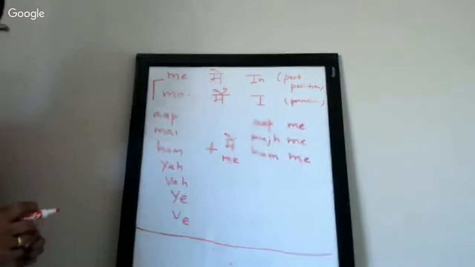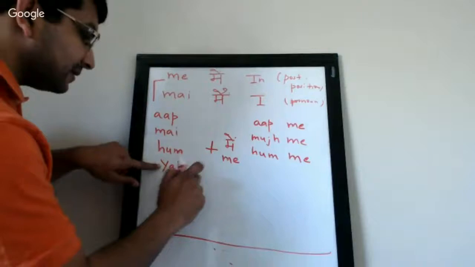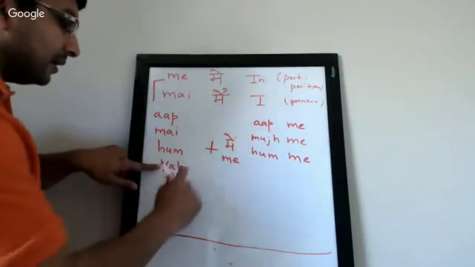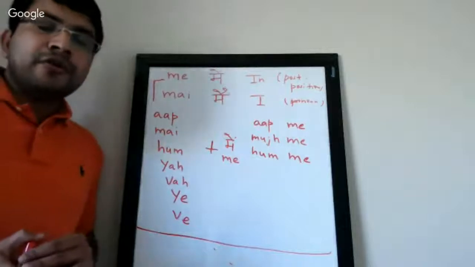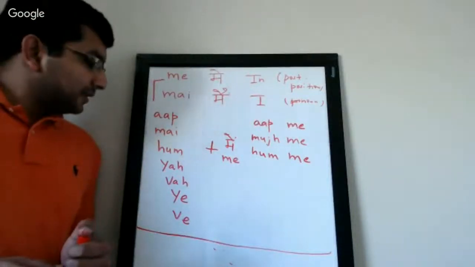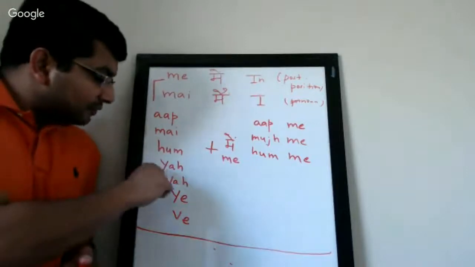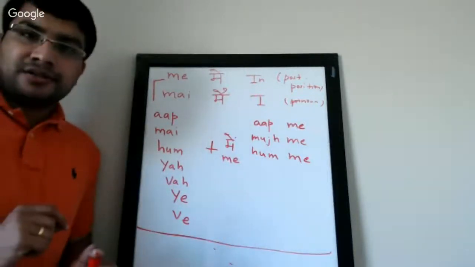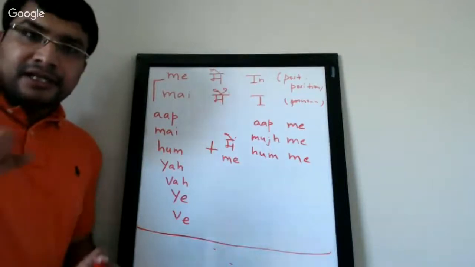Now let's look at यह. यह is this. यह में. If you simply want to say this class, like, this is the Hindi class, यह हिंदी की class है.